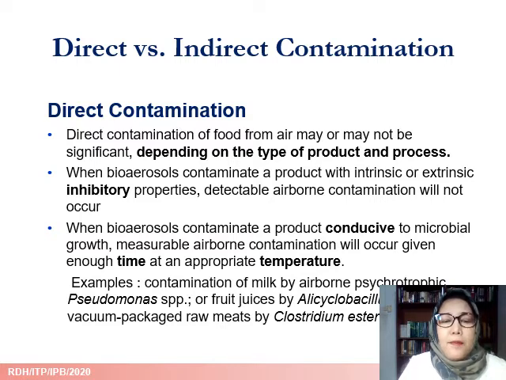However, when bioaerosols contaminate a product conducive to microbial growth, measurable airborne contamination will occur given enough time at an appropriate temperature. For example, contamination of milk by airborne psychrotropic Pseudomonas, or fruit juices by Alicyclobacillus, or vacuum-packed raw meat by Clostridium estertheticum.